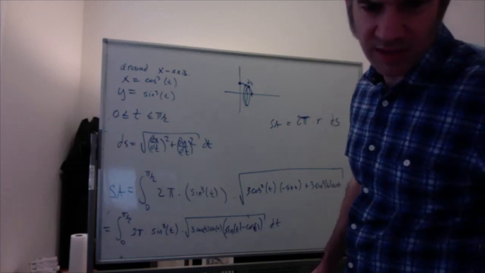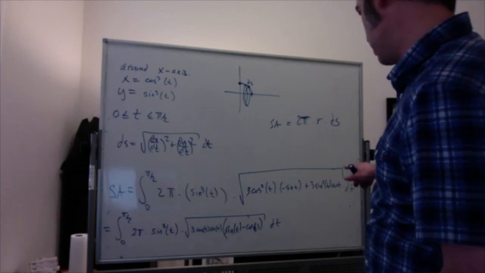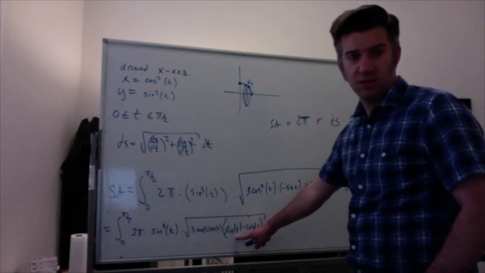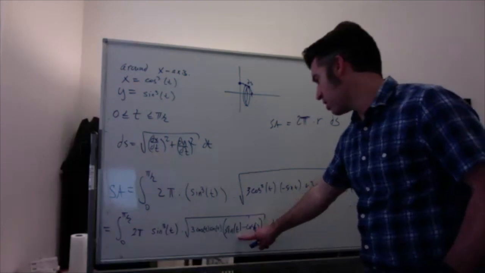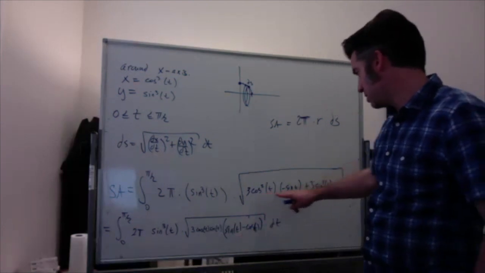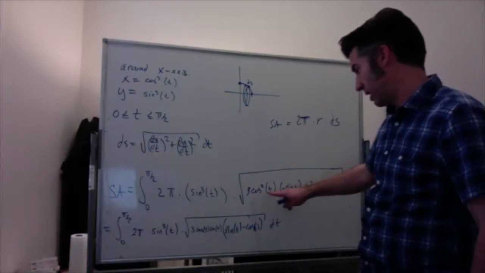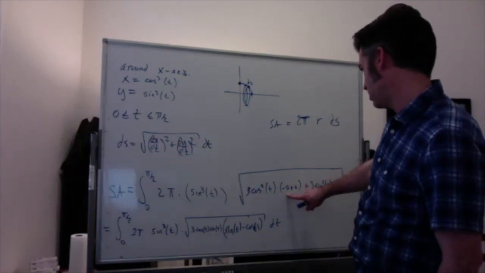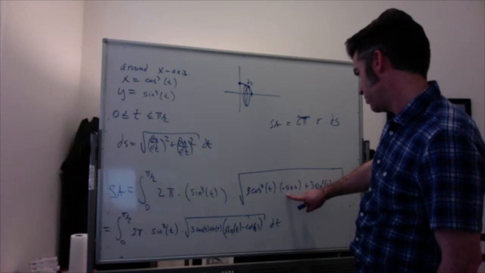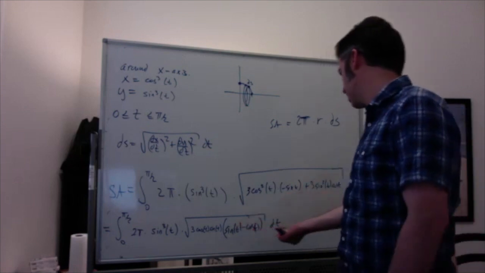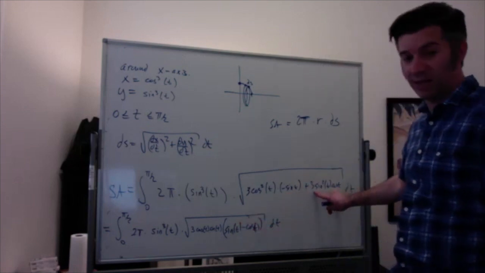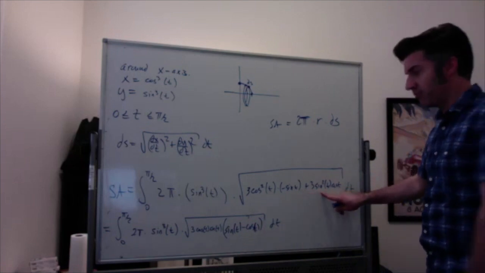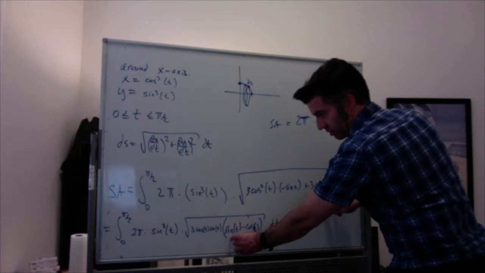Shouldn't sine t be squared in the parentheses? No, because from here I factored a cosine and a sine. Oh, it should actually be a cosine. Oh, I see what I did. I factored out a cosine times sine from here, and I'm left with a 3 sine, or just a sine, because I factored out the 3 as well.